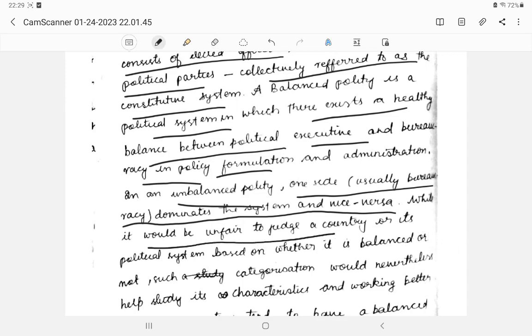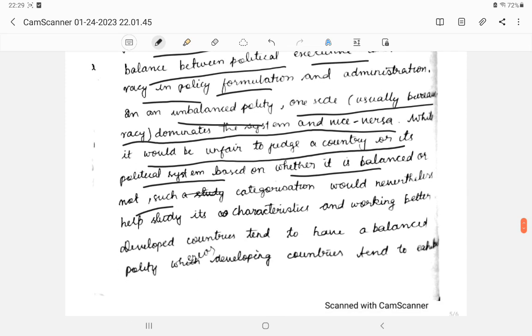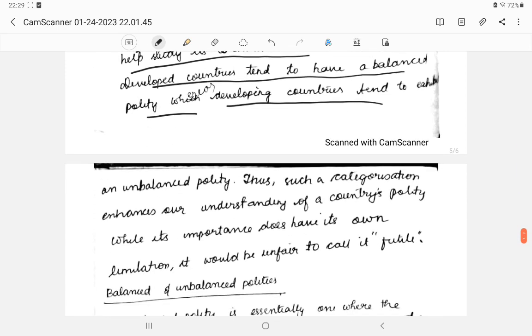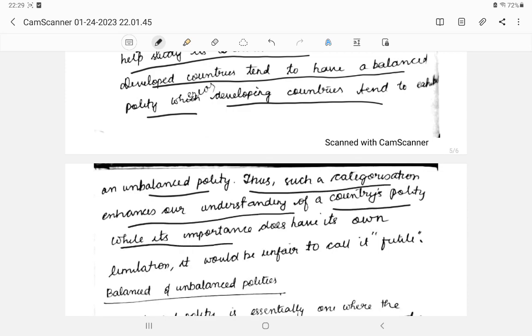While it will be unfair to judge a country or a political system based on whether it is balanced or unbalanced, such categorization will nevertheless help study its characteristics and work better. Developed countries tend to have a balanced polity, whereas developing countries tend to exhibit an unbalanced polity. Thus, such categorization enhances our understanding of a country's polity. While it has its own limitations, it would be unfair to call it futile.